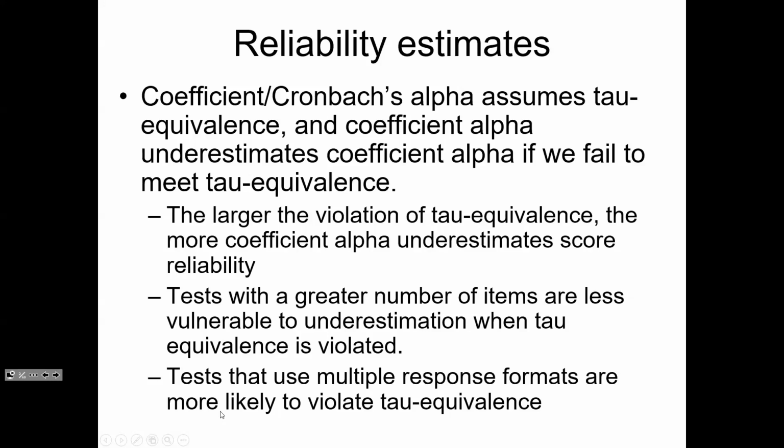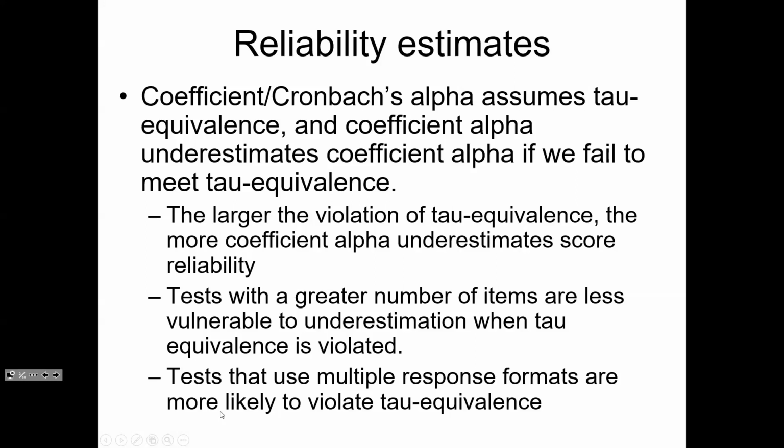Okay. So if you hang on to this idea that coefficient alpha assumes tau equivalence and that Cronbach's alpha is an underestimate if we fail to meet tau equivalence, which is true if you don't have any correlated errors whatsoever, it's easy to lull yourself into complacency and think, well, if I don't meet tau equivalence, it's just going to be an underestimate, so if it looks good, I'm fine, right?